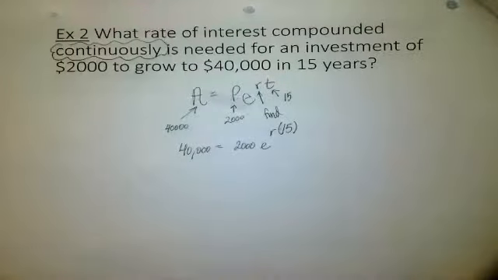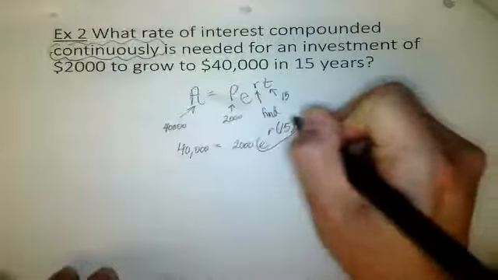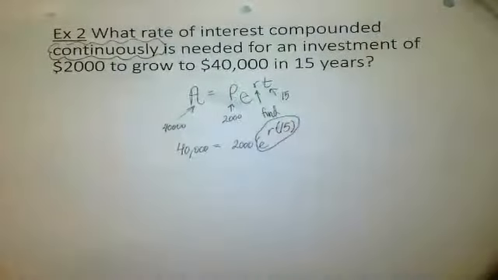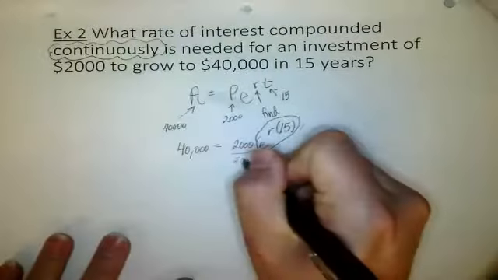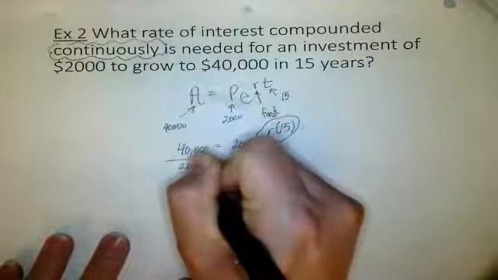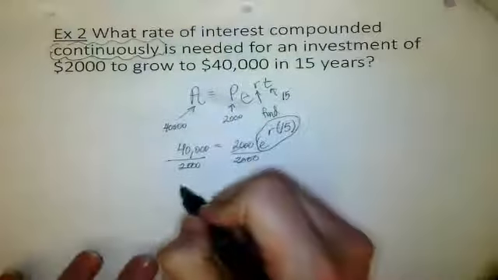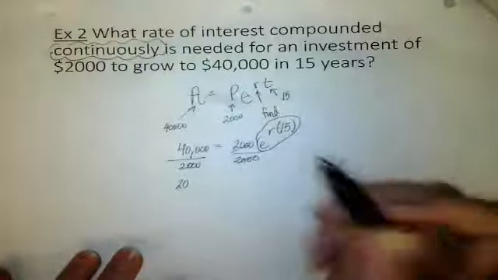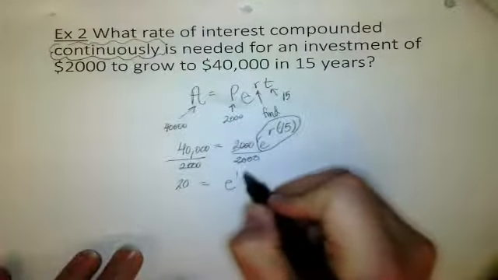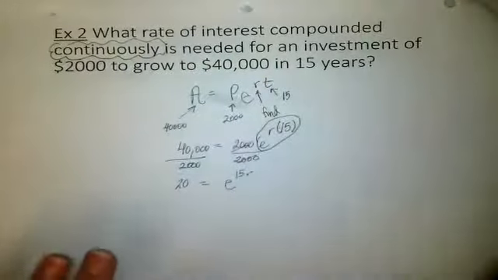And so if it's exponential, then we need to isolate the e to the, we need to isolate this chunk right here. So what do we need to do? Divide by 2,000. 40,000 divided by 2,000 is 20. Equals e to the 15r.